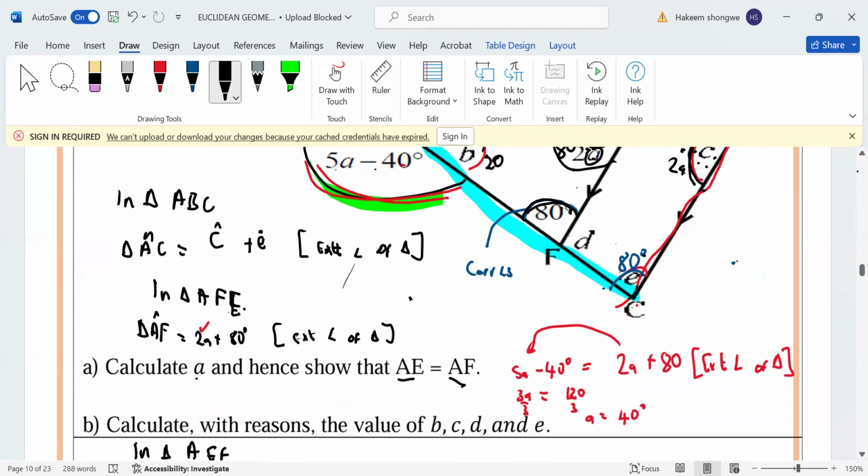What is going to be E, by the way? E is 80. You couldn't even start with E because I think they don't want them in alphabetical order. We already told them E is going to be equal to 80. How do we know E was equal to 80? We said corresponding angles.